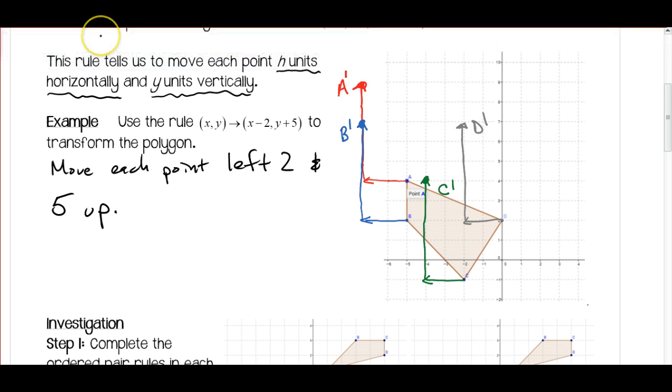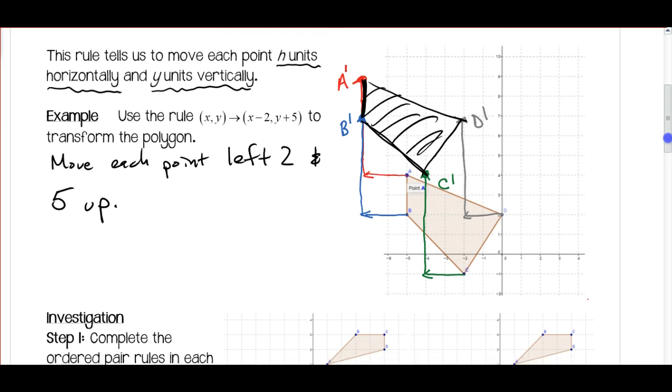Then I can go ahead and sketch in the figure that I would get, connecting my points. And here's our new figure right there. You can see it's basically shifted to the left and up. Okay, so that's using ordered pair rules.